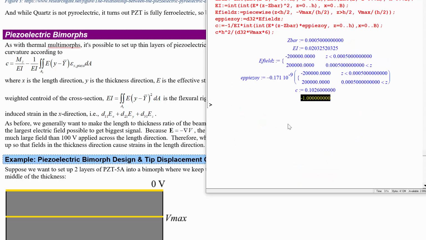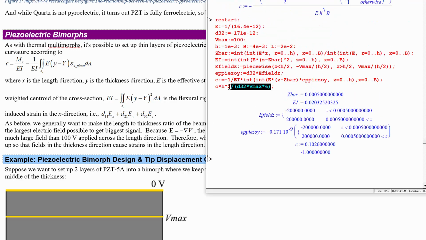Aha. Okay, so it worked. The scaling is correct. Maybe to make it more clear, we'll divide by D32 Vmax times 6 over H squared. So that should be the same size as the curvature. So this is the curvature that shows up, negative D32 Vmax times 6 over H squared.